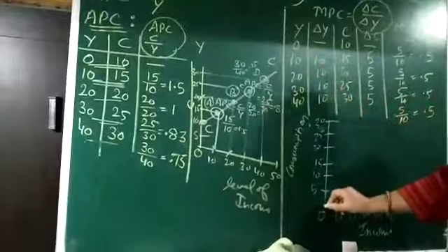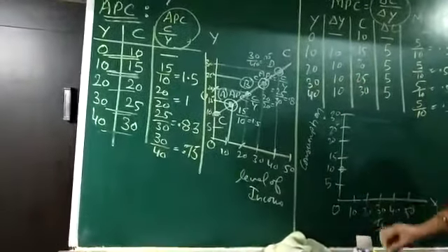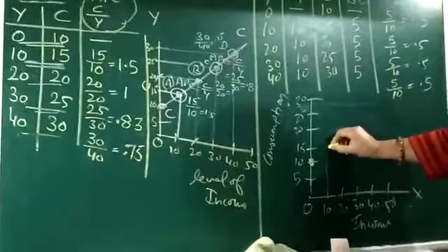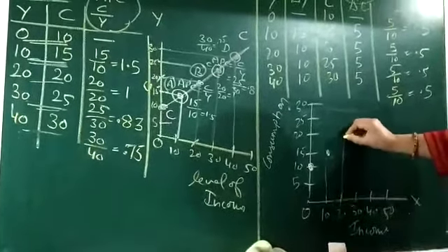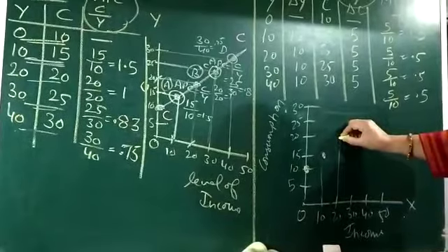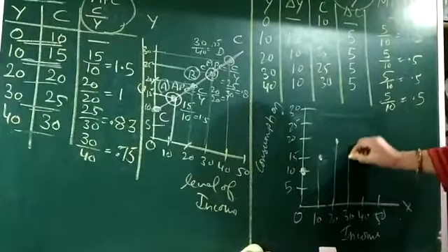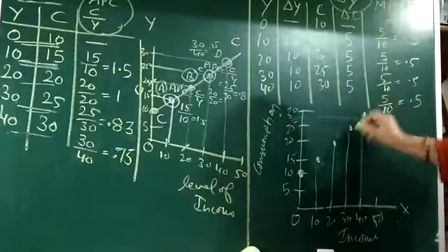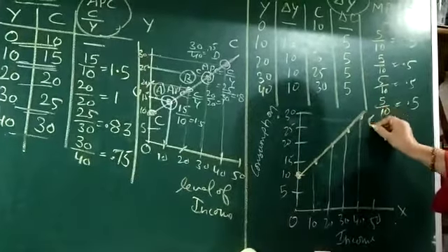Zero income level, consumption 10. 10 income level, consumption 15. 20 income level, consumption 20. 30 income level, consumption 25. And 40 income level, consumption is 30. So this is the consumption curve.